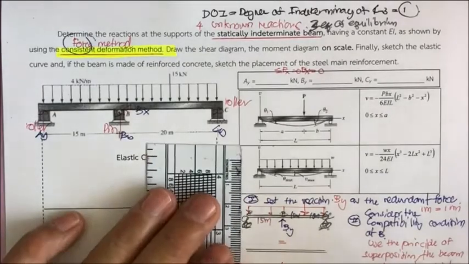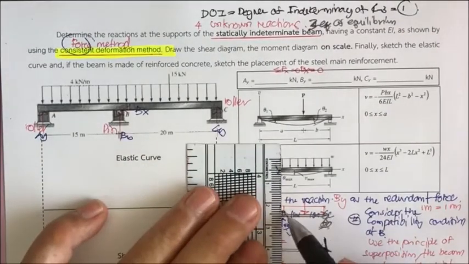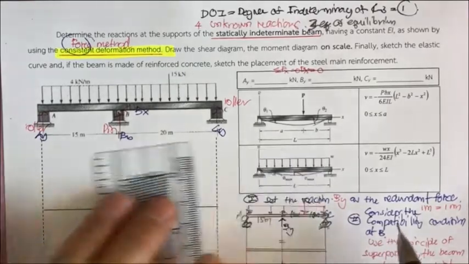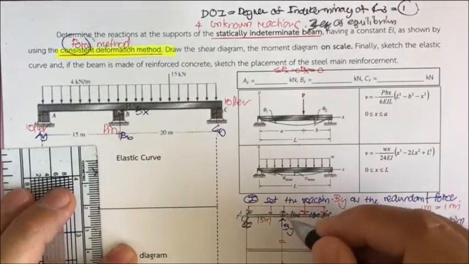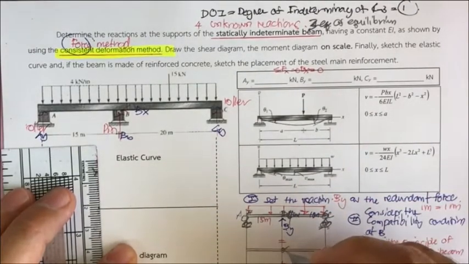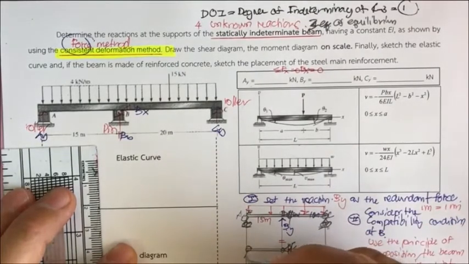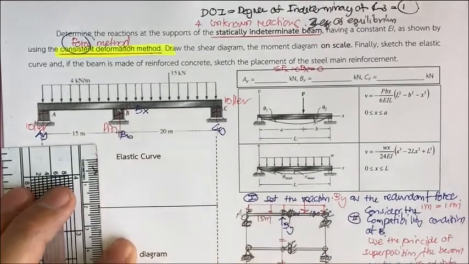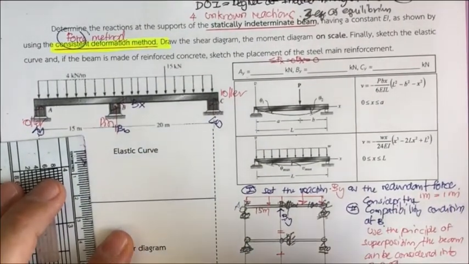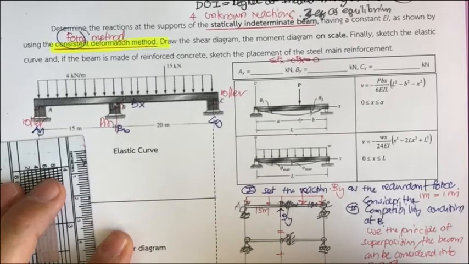Then we set them aligned together. This is going to be the roller, and to be very correct, this is supposed to be a roller also, because you still have the B sub Y here, and this is going to be the same thing, the roller and the horizontal roller.